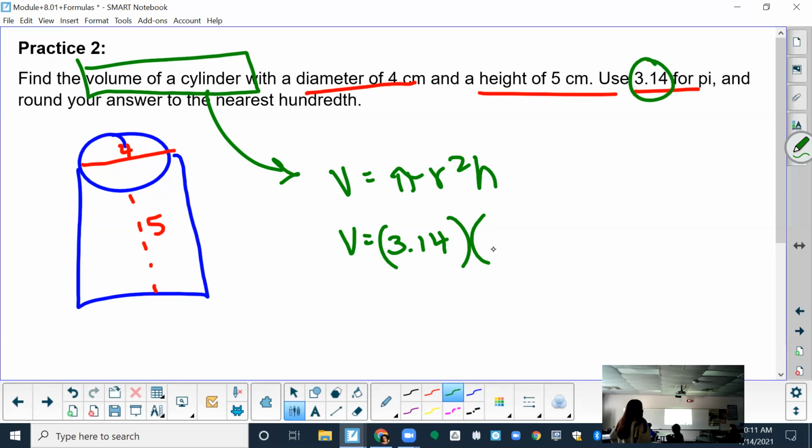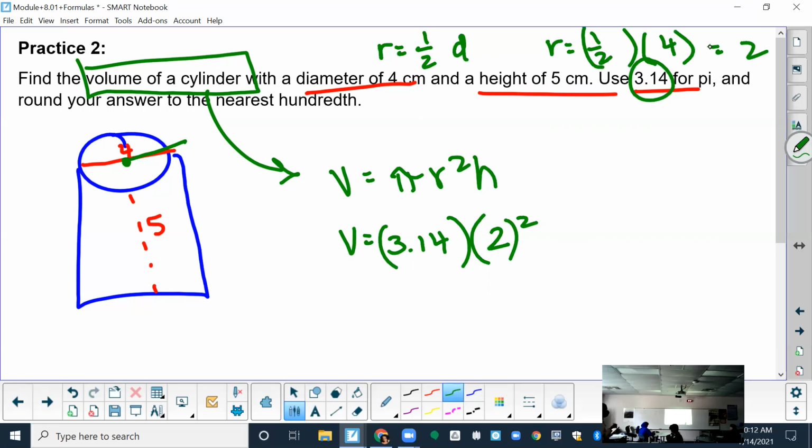So how are those two related? Radius is half of the diameter. So radius equals 1/2 of the diameter. So it's half of 4. What's half of 4? 2. Good. Or you can also plug it into your calculator if you want. It looks something like this, and you still get 2. So half of 4 is 2. So my radius is 2.